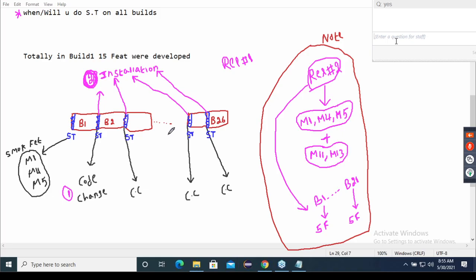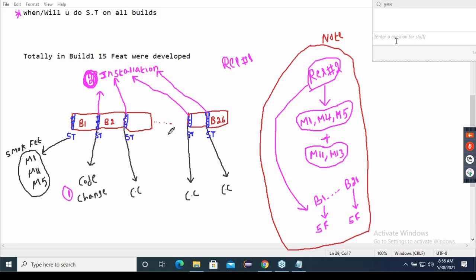Have you understood? Good, right. So if they ask you when we do smoke testing, what answer should you give? Already, if you observe, I've covered this in the definition, but I'm covering this separately.